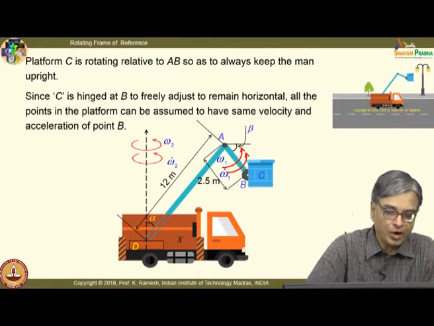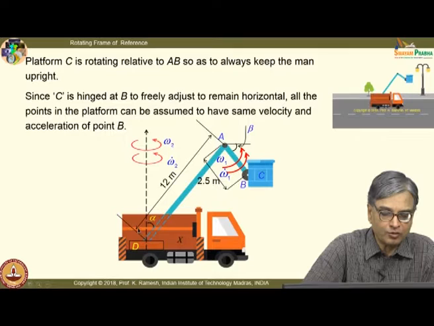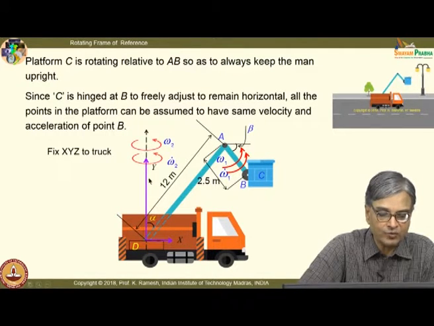I have the point D, this is rotating about this. So, it is easier for me to fix the fixed frame of reference to the truck. So, I will put the axes like this, xy axes like this.